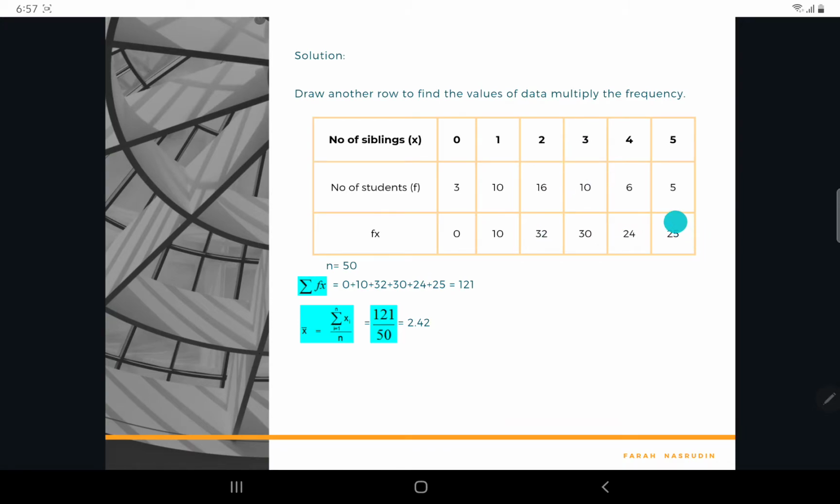Then we know that our n is equal to 50 because the total number of students, when we total up the second row, is equal to 50.